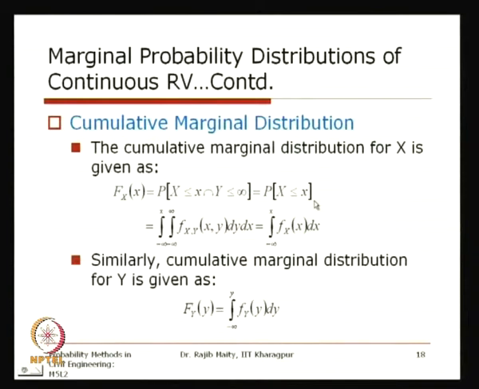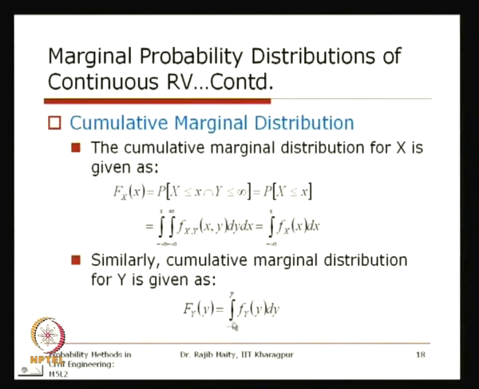In the integral form, for this entire range of y from minus infinity to plus infinity, this should be integrated out for y, and you know that this is nothing but the marginal distribution. So this is replaced by f_X(x), and the outer integration is from minus infinity to some specific value of x, with respect to x. This gives the cumulative marginal distribution of x.